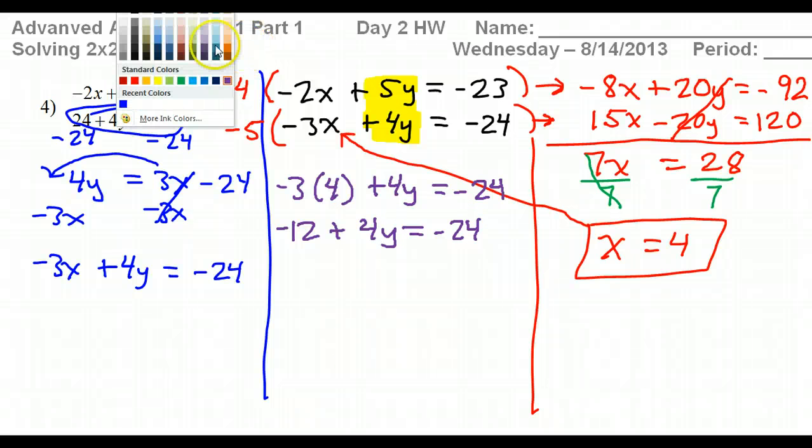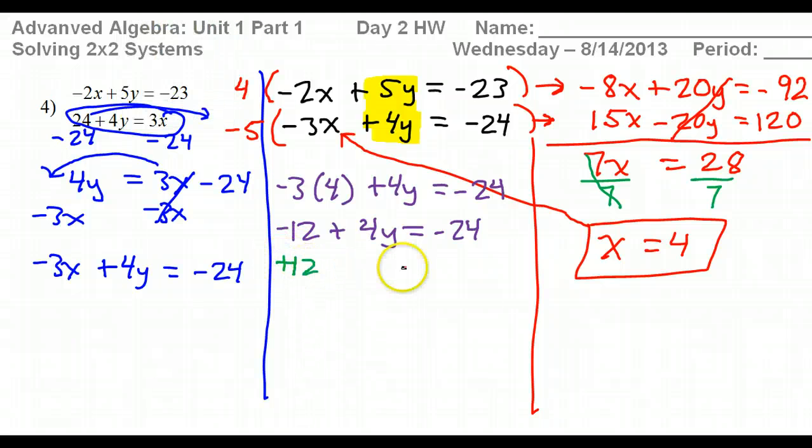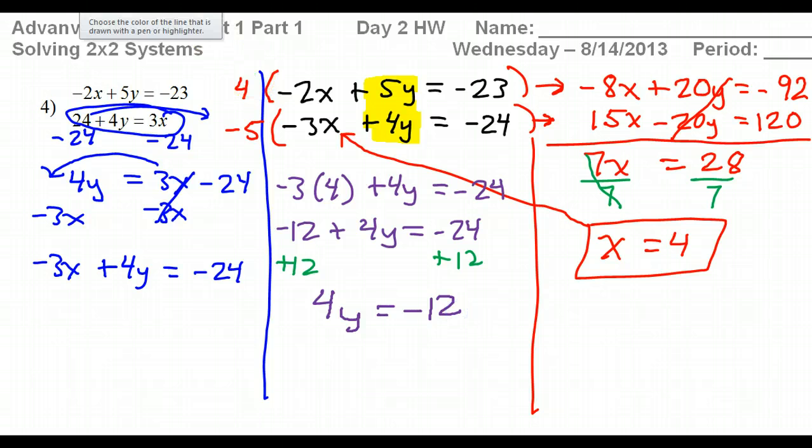And then I'm going to add 12 to both sides. So that's going to give me 4y is equal to negative 12. All right, last step, just dividing by 4.